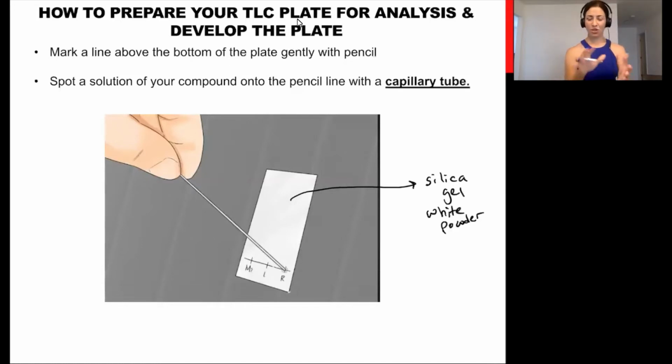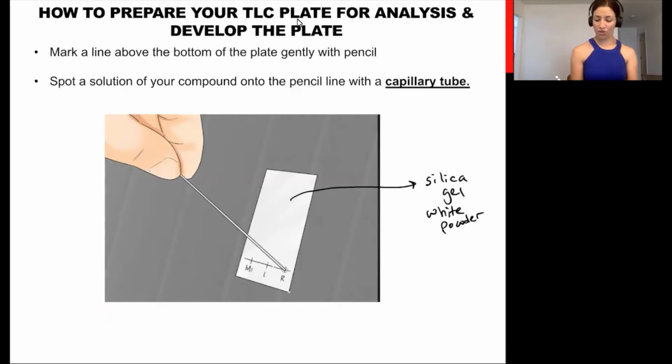The powder is coated on really fine, and it's somewhat sensitive. So what you want to do is not handle the plate by grabbing it from the center. Instead, you want to touch it along its edges, and you want to try to use clean gloves so that you don't contaminate the surface of the plate.